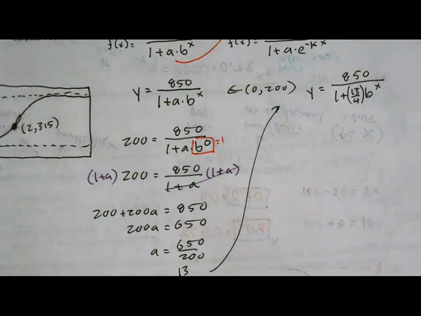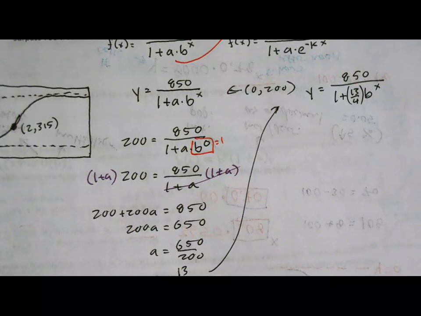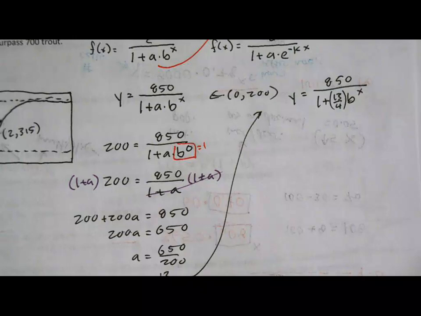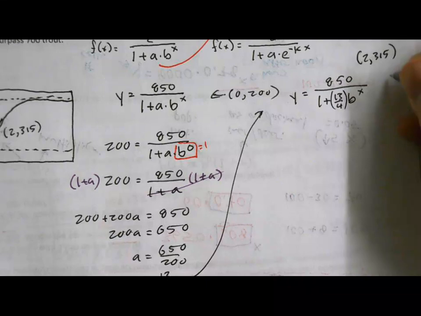Cool. Now I only have one parameter left. How are we going to find it? Put that other point in there. So now we can take our other point, 2, 315, and stick that into here.